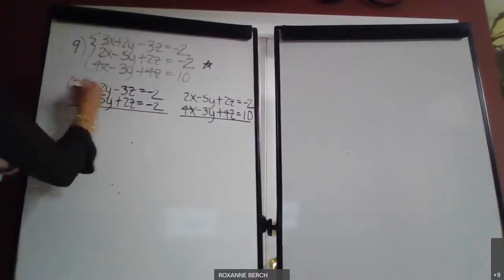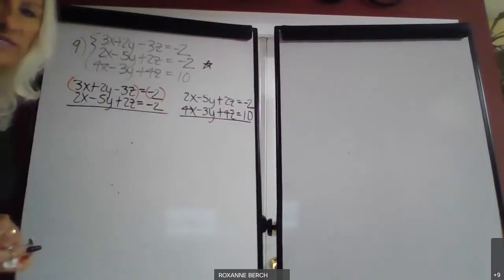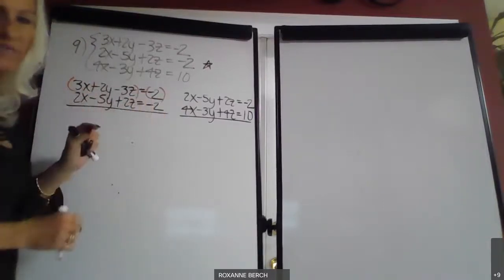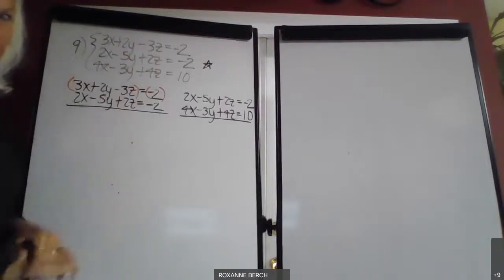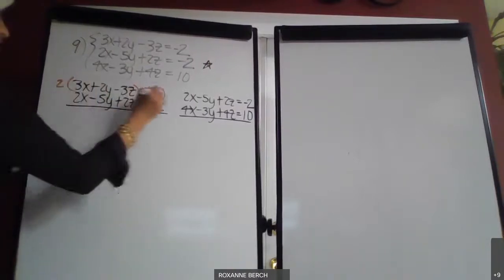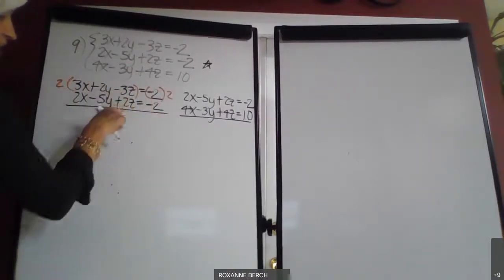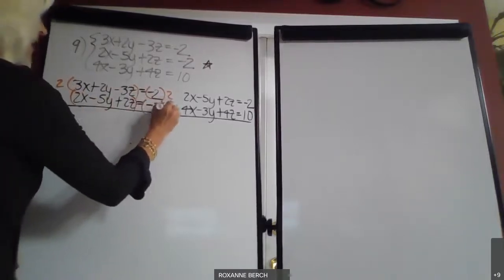So to eliminate z in the first pair, and by the way, some people like to use one set of parentheses. The correct notation is a set of parentheses, a set of parentheses. You're going to multiply the top by 2 because the common number is 6 here, and you're going to multiply the bottom by 3.